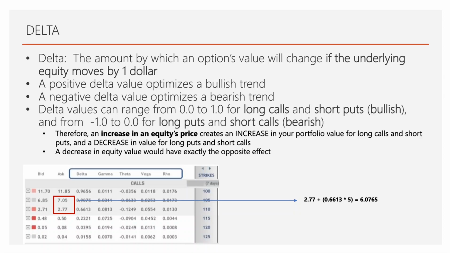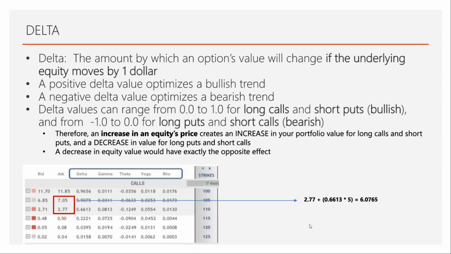So if the stock price increases by $5, 0.6613 multiplied by 5 plus 2.77 is 6.0765, which is near to 7.05.